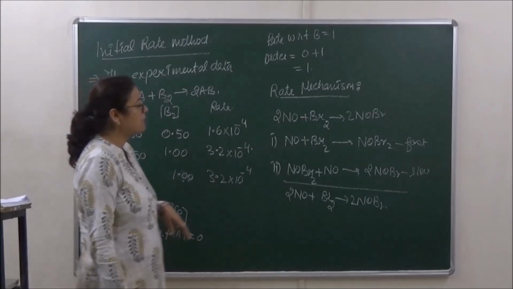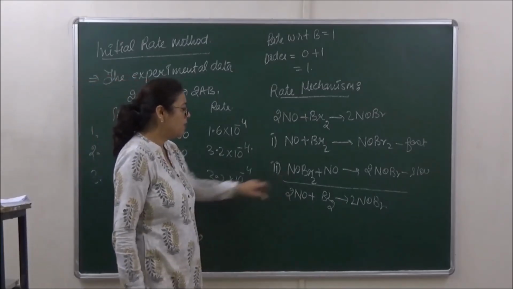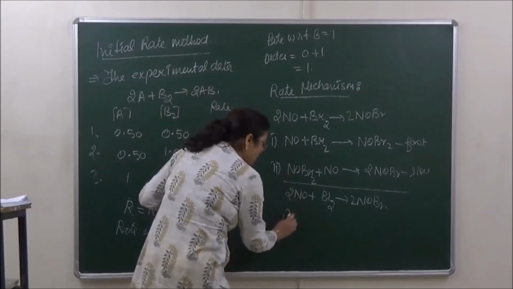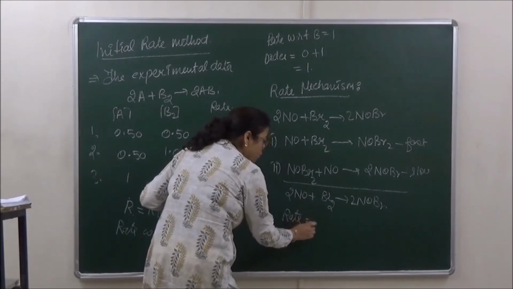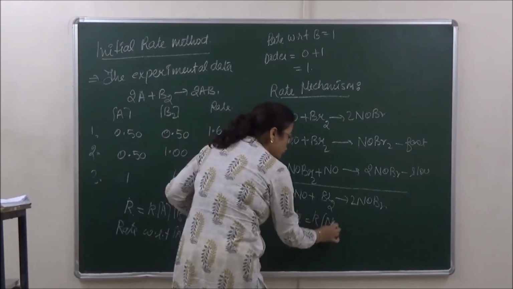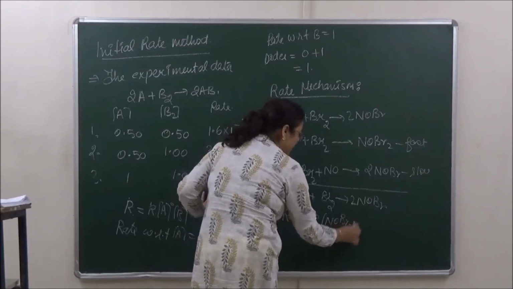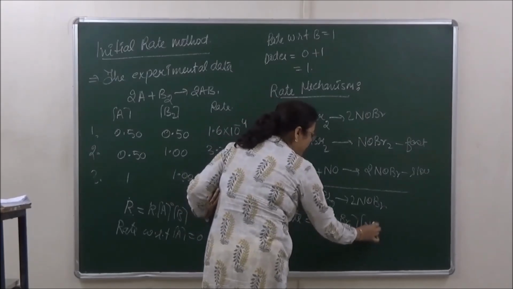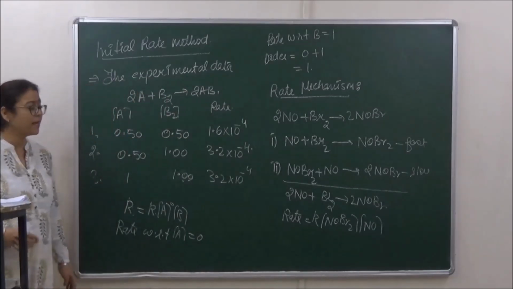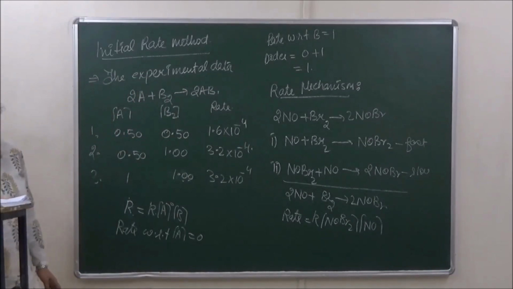Now when we are looking at the mechanism of the reaction, the rate of the reaction should be given according to the slow step. So rate according to this should be given as K into concentration of NOBr2 into concentration of NO.